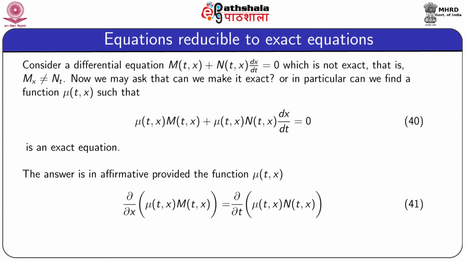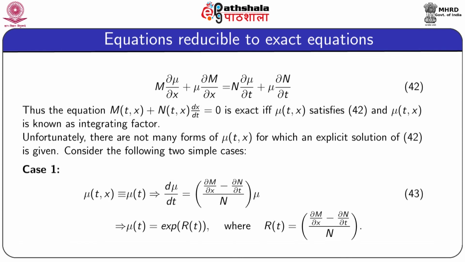The answer is in the affirmative, provided the function mu satisfies ∂/∂x of (mu m) equal to ∂/∂t of (mu n). That is, m ∂mu/∂x plus mu ∂m/∂x is equal to n ∂mu/∂t plus mu ∂n/∂t, given by equation 42.